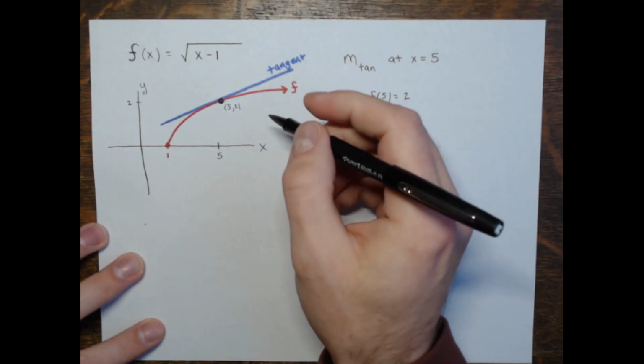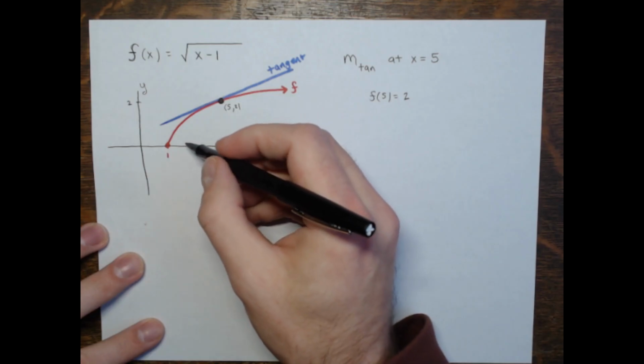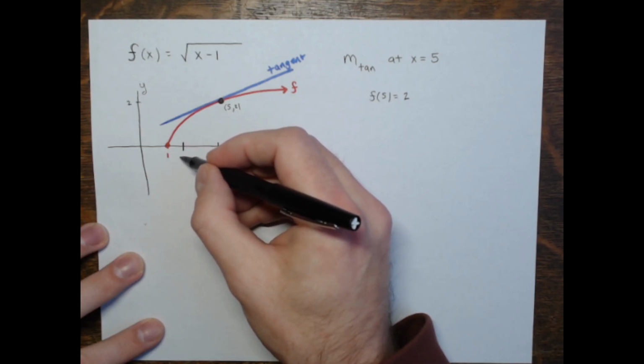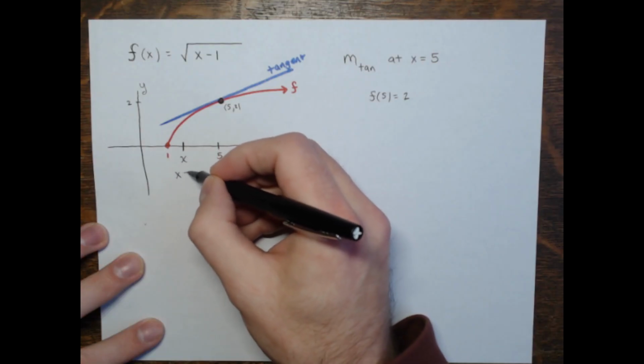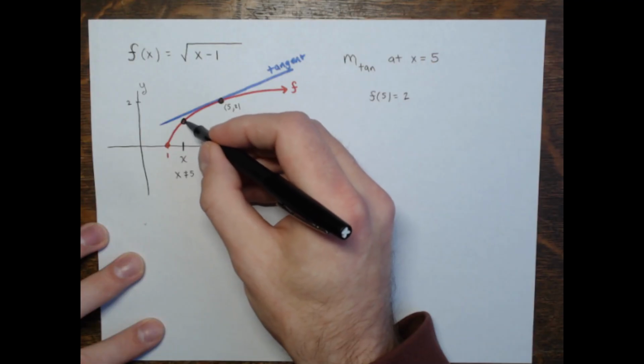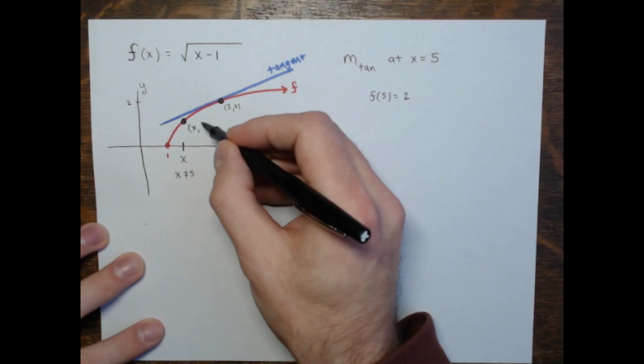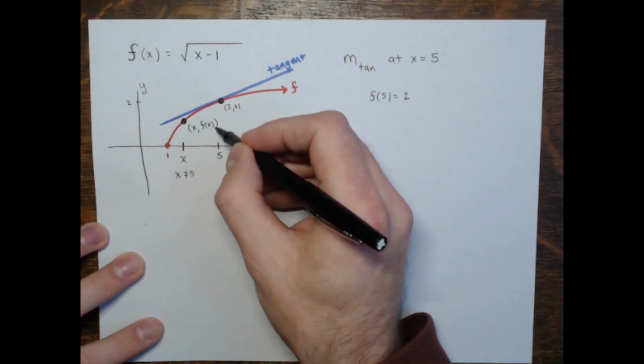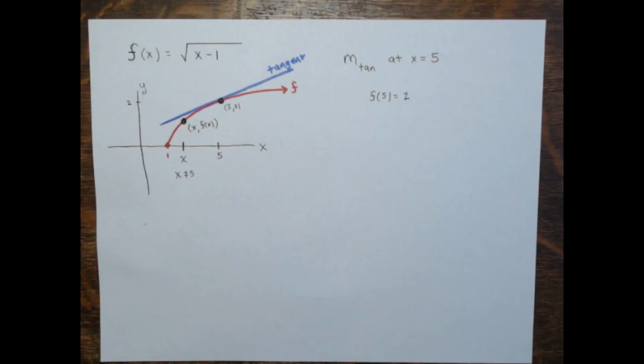All right, so remember that what goes on is I go to some other value called x in the domain that's not 5. I plug it in. There's (x, f of x), which is the square root of x minus 1.